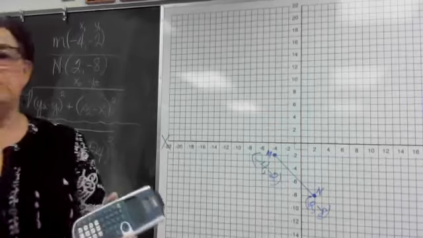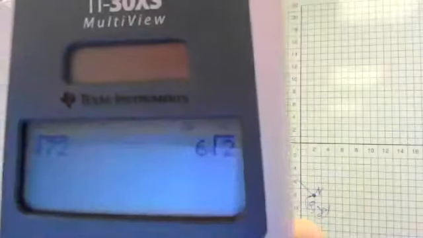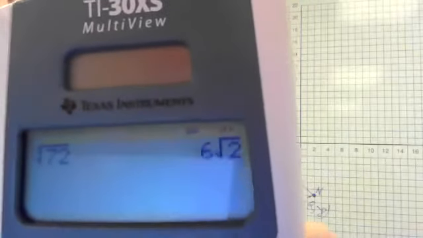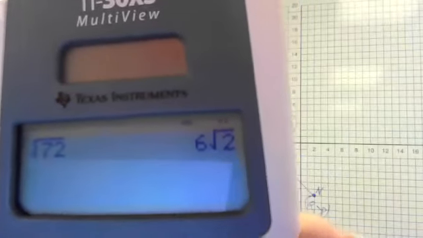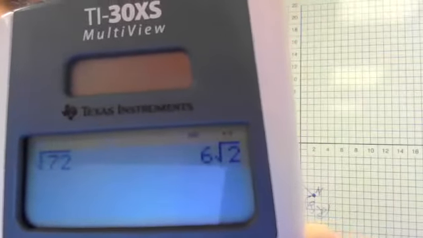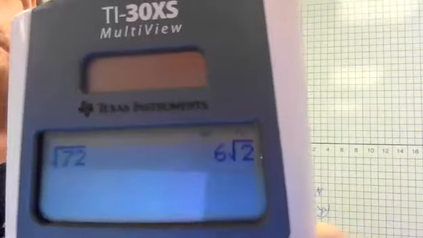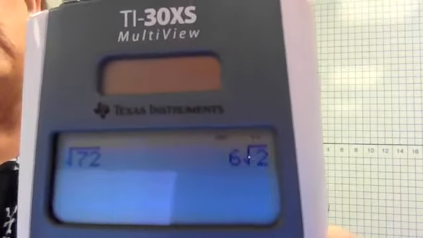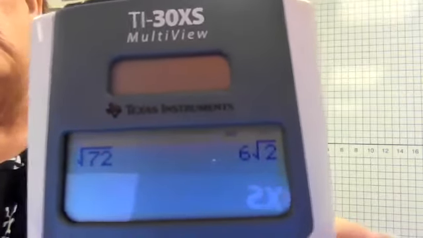Now, yesterday I showed y'all when I used the calculator to find the square root of 72, it gave me another square root answer. But the instructions on this worksheet say to round the answer to 2 decimal places. Then I need a decimal. So on these calculators, it's wonderful because it has a toggle switch right here above the enter.